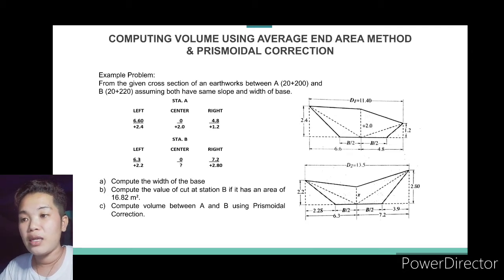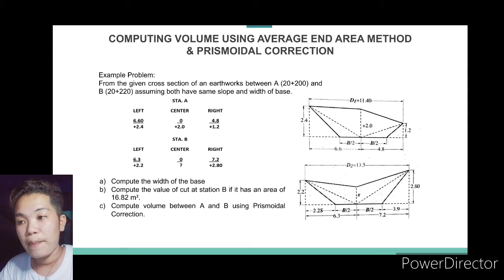For station A, at distance 0, we are given a vertical distance of positive 2.0, and at a horizontal distance 4.8, we are given a vertical distance of 1.2, and at a horizontal distance of 6.6, we are given a vertical distance of positive 2.4.